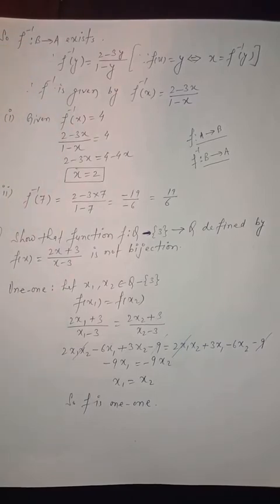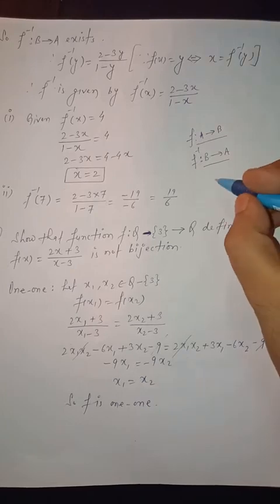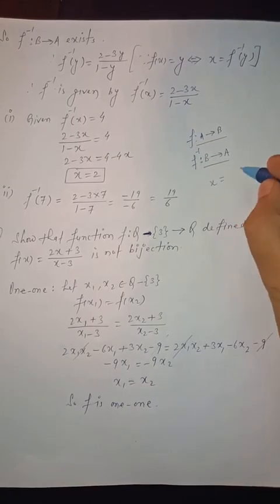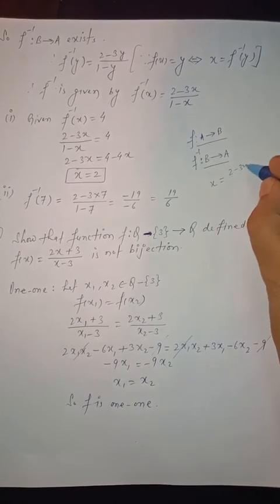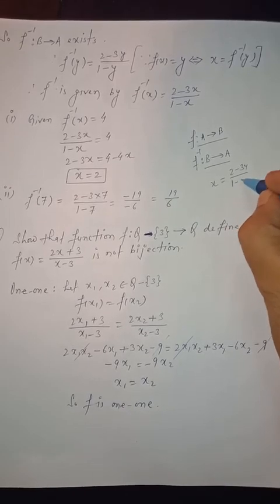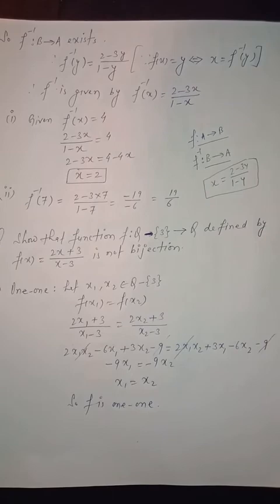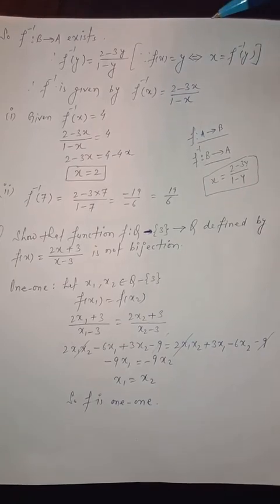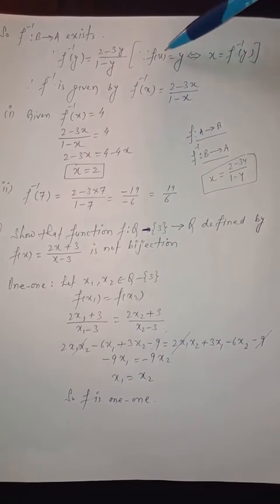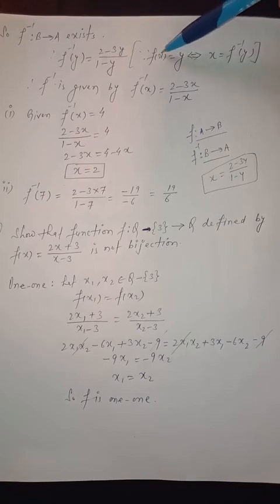Because you must remember we have calculated that x is equal to (2 - 3y)/(1 - y). This we have already calculated. Now we know that when y is equal to f(x), we can write that x is equal to f inverse(y).